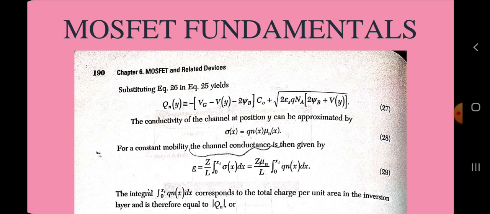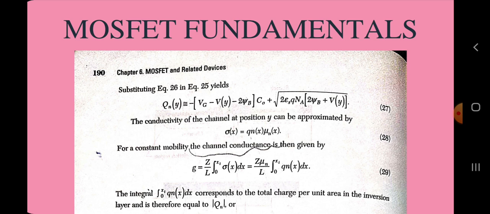The conductivity at the channel at the position y can be approximated by sigma(x) is equal to Qn(x) mu n(x). For constant mobility, the channel conductance is given by G is equal to Z by L integral of sigma(x) dx, and the limits are from 0 to x1.